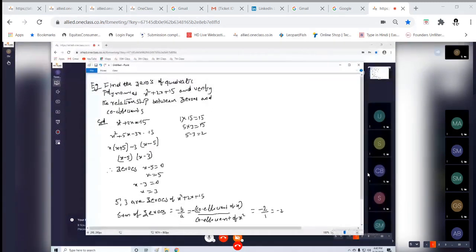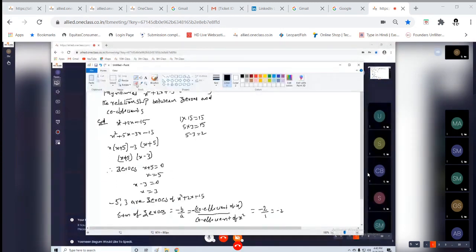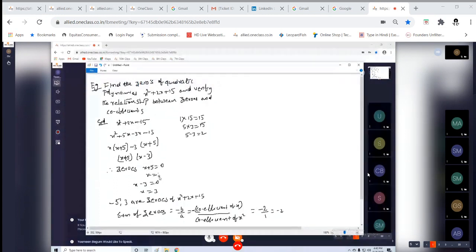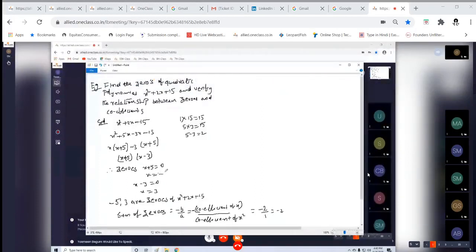You take it as here minus. Now this will become plus because you have taken minus 3. Again this is x plus 5. Now x plus 5 is this one, x is equal to minus 5. So x is equal to minus 5.